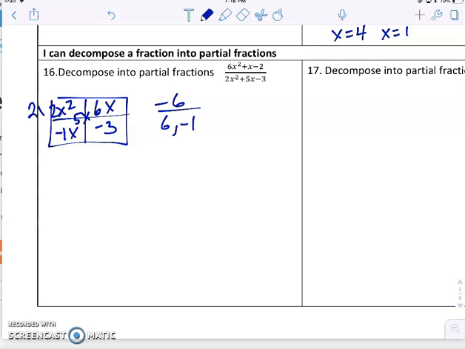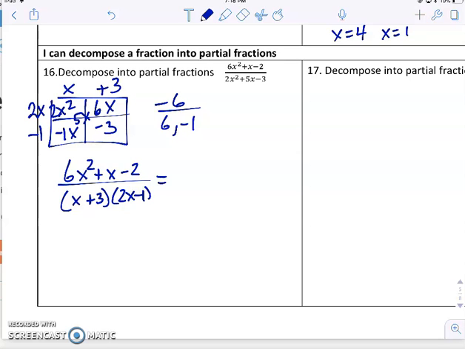So we got 2x minus 1 times x plus 3. So we have 6x squared plus x minus 2 divided by x plus 3, 2x minus 1 equals A over x plus 3 plus B over 2x minus 1.